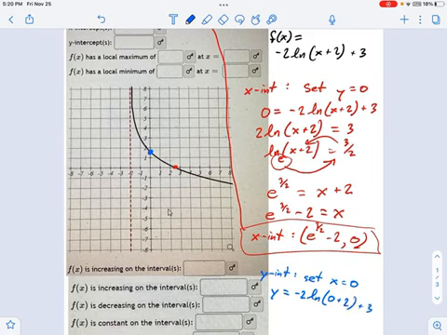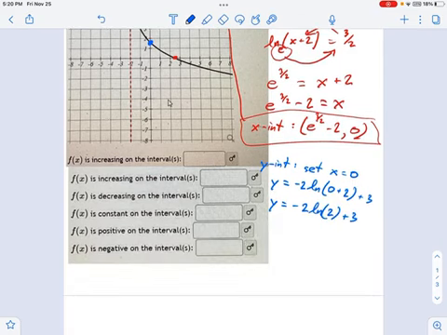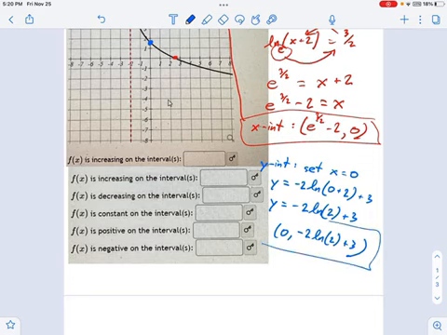Well, that's it, right? It's as easy as that. y equals -2 natural log of 2 plus 3. And it looks ugly, but that's simply what we have. So I would say this in coordinate form by saying (0, -2 natural log of 2 plus 3). Okay, that's that.